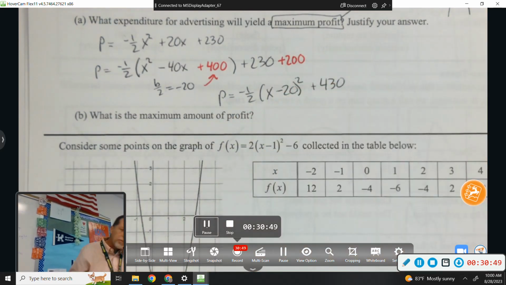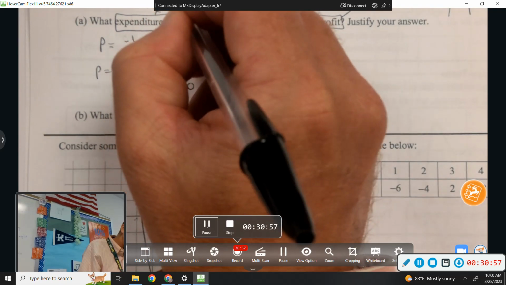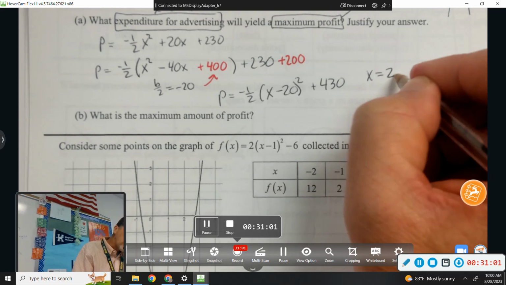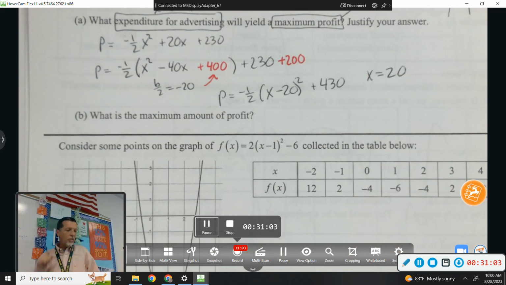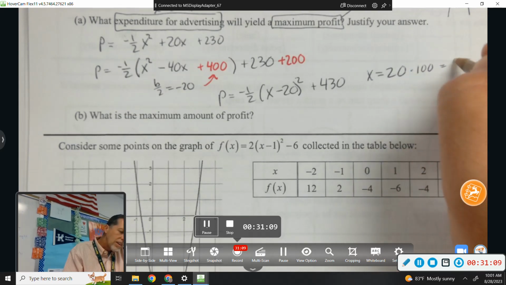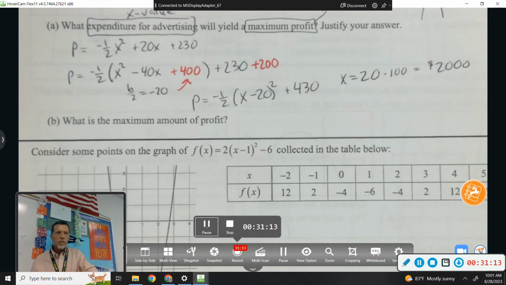Okay, now what did it ask me for? What expenditure of advertising? So that's the x value. So x equals 20, but be careful, it's 20 100s or 20 hundreds. So $2,000 on advertising. Okay, so again, make sure you answer the question.